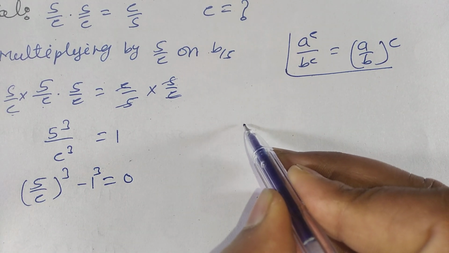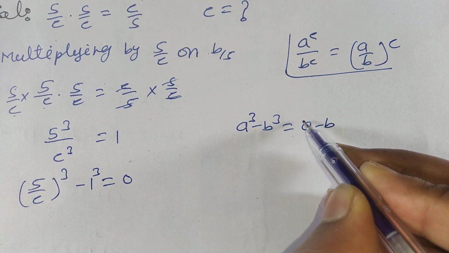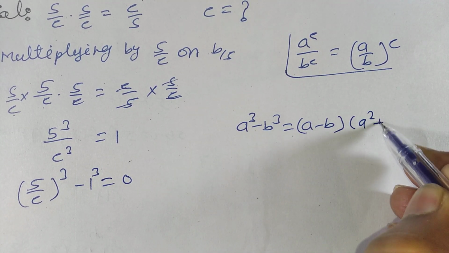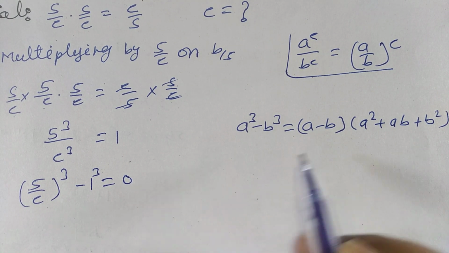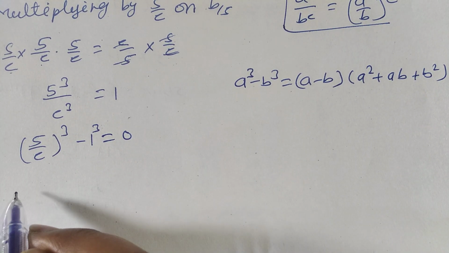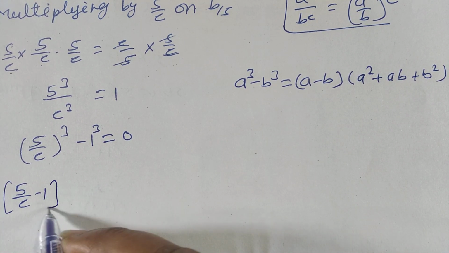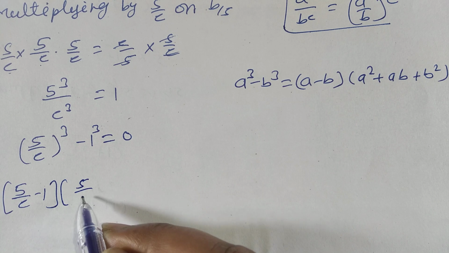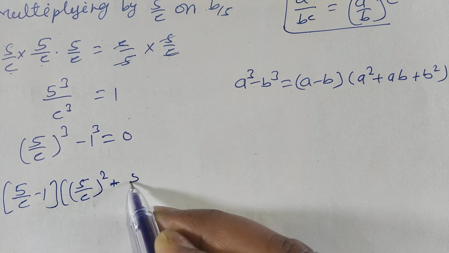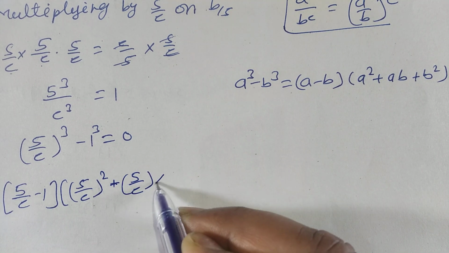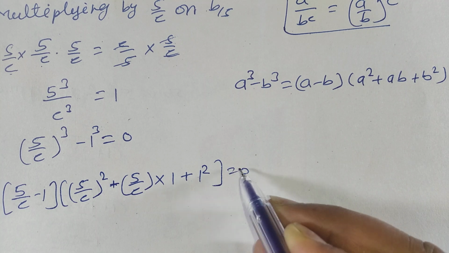Same identity: a cube minus b cube is equal to (a minus b) times (a square plus ab plus b square). Applying this law here, (5/c minus 1) and (5/c) square plus 5/c into 1 plus 1 square is equal to 0.